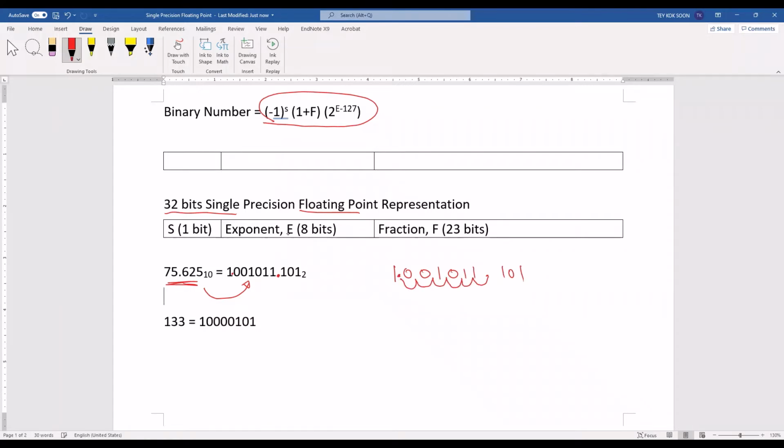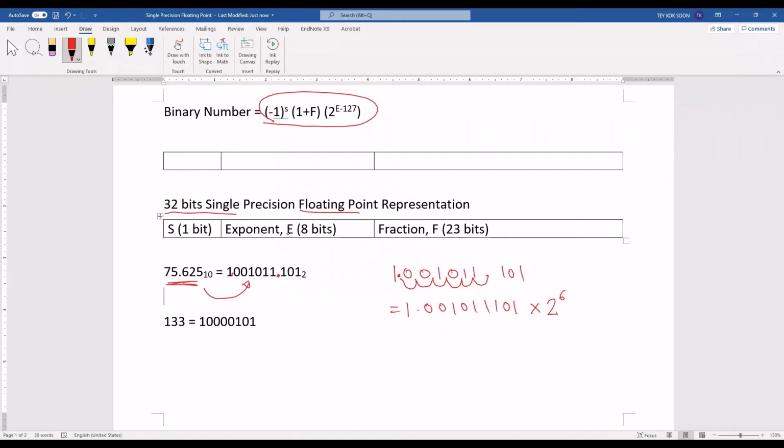Then, moving it 6 times, it is equal to 1.001011 multiplied by 2 to the power of 6, because we moved it 6 times. And this is a binary number, so it's 2, not 10. If it were decimal and we moved it 6 times, it would be 10 to the power of 6. But this is in binary, so it's 2 to the power of 6.